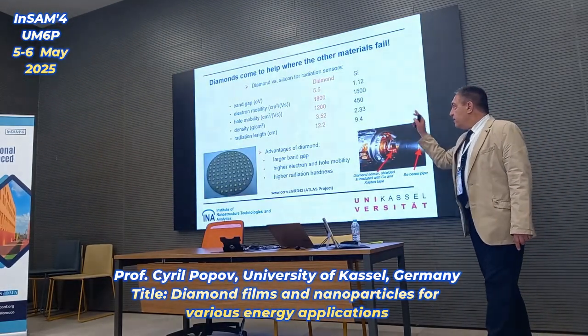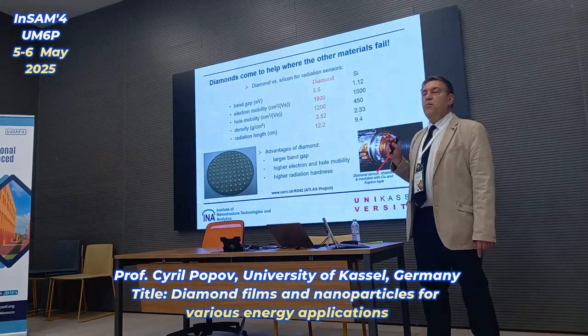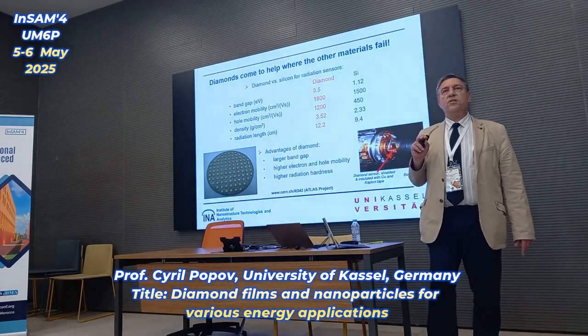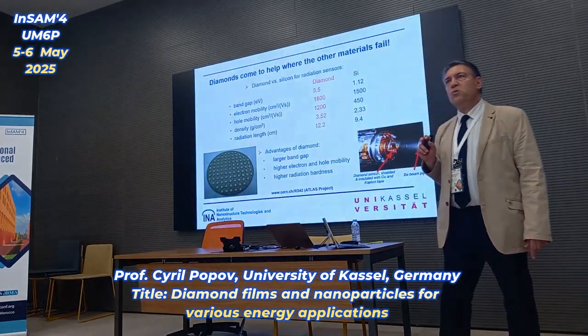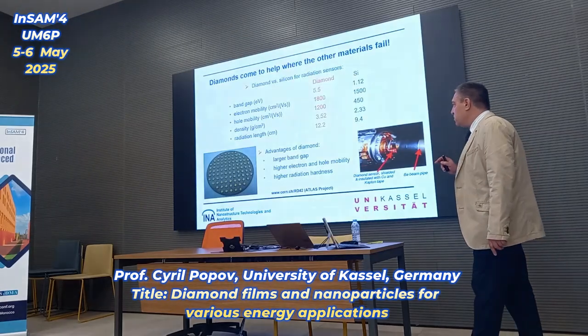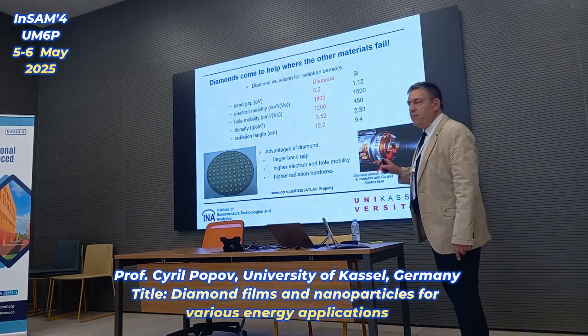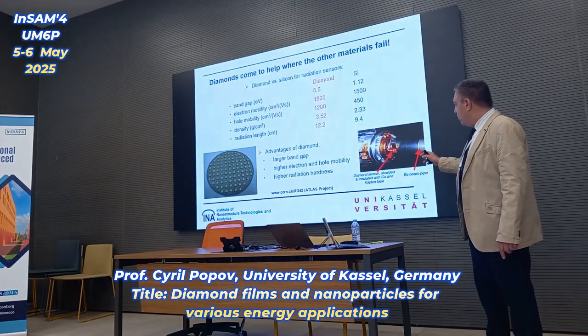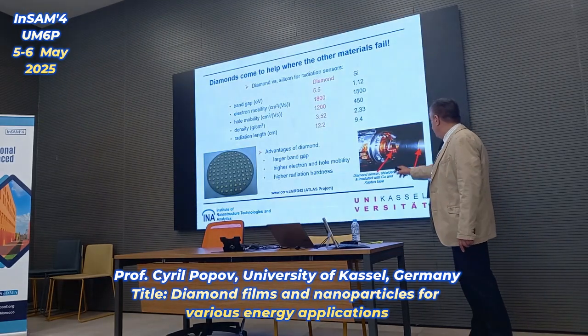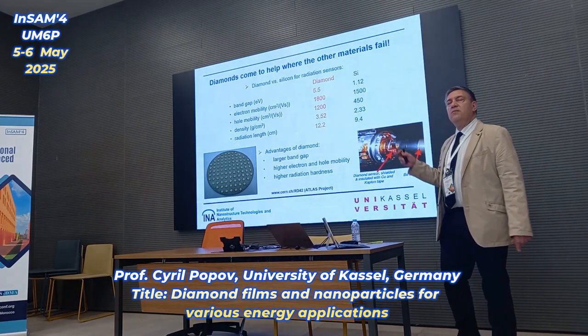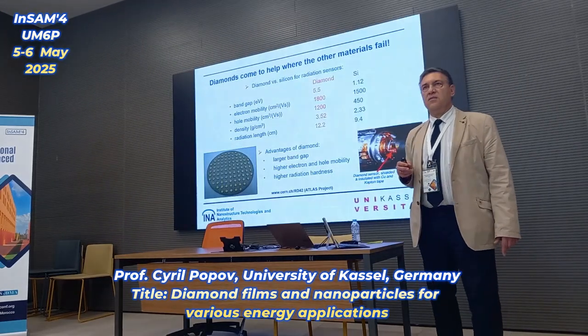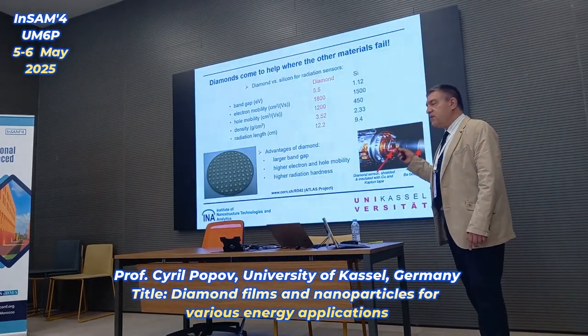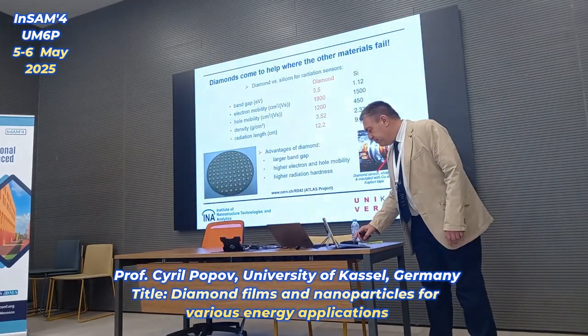And based on this, chemical vapor deposition diamond was used to create completely new sensors. You can see them there. I will explain how they were deposited, and they were mounted in the beam lines to start this successful test performed in the Large Hadron Collider.